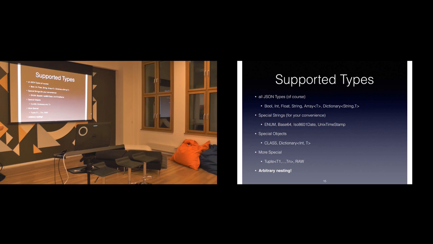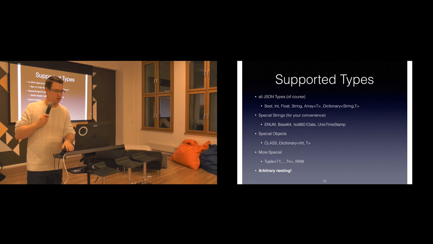So pretty much all convenient stuff you would like to have. And also you have arbitrary nesting, so you can build the wildest structures of tuples and arrays and maps and so on. And it will just compile, generate the code, and this will work.